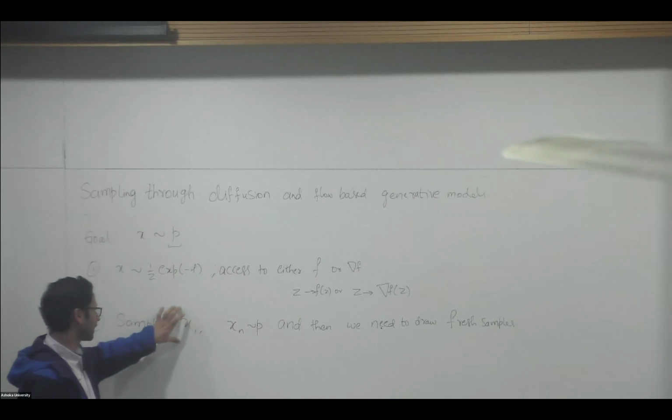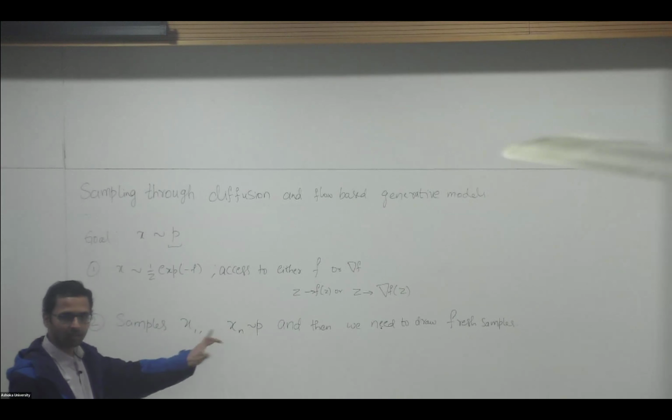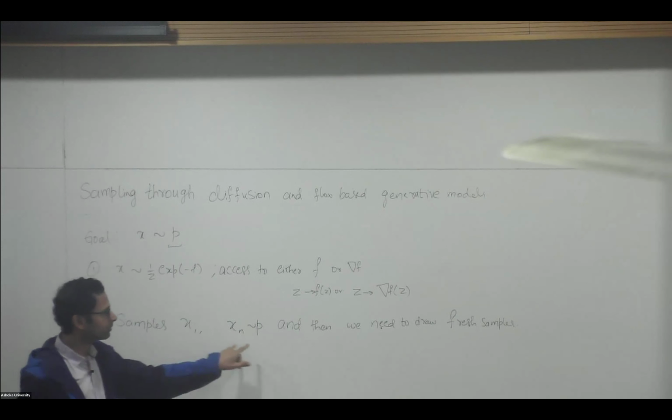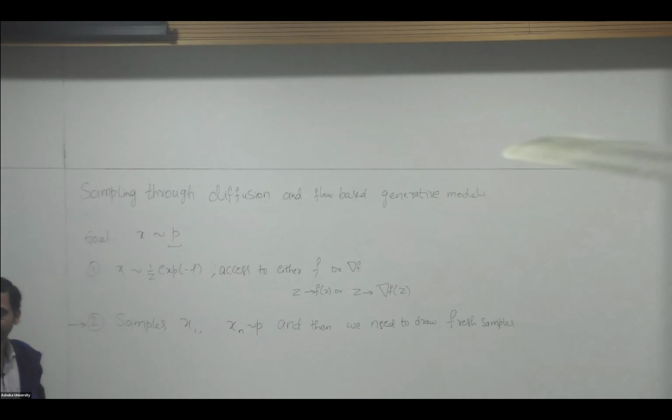But it turns out that that's not a very popular approach, and practically hasn't had a lot of success. But today we will be looking at methods which are slightly different, and directly try to take advantage of the samples that are given to us and learn maybe some slightly different kind of functions, which then enable us to actually be able to draw fresh samples from the underlying distribution.